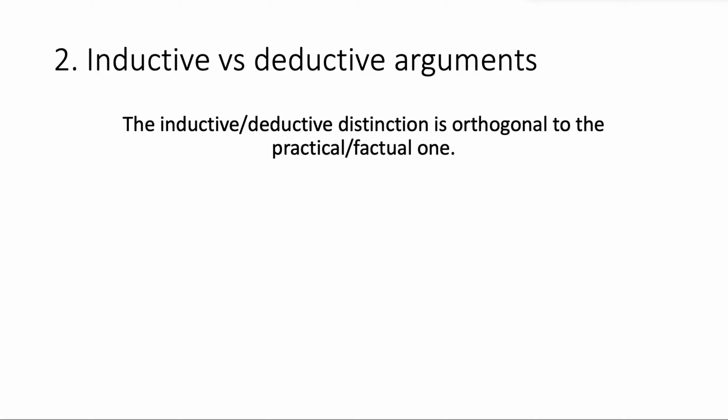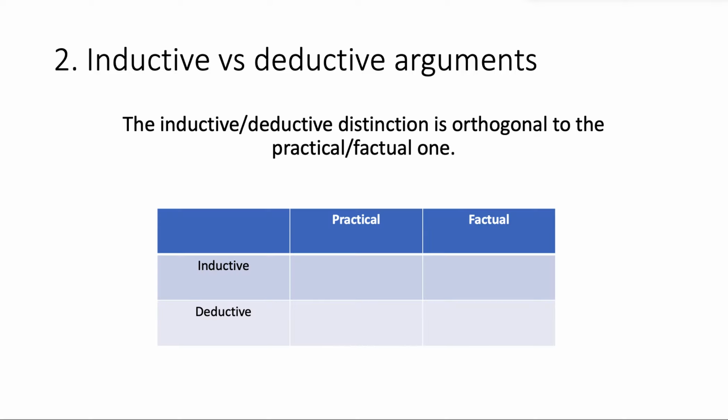So I just want to say here that these distinctions are orthogonal to one another, meaning that you can draw up this graph if you really want, and you could fill in each of these cells. So you can have an argument that's practical and inductive. You can have an argument that's factual and inductive, or factual and deductive, or deductive and practical. So these are just two different sets of distinctions.